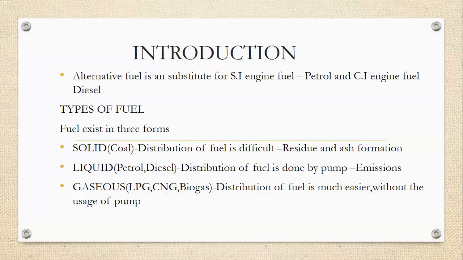In that liquid fuel, the distribution takes place from the engine fuel tank to the engine cylinder. The fuel is injected. In case of solid fuel, this distribution of fuel is difficult. And also another problem, residue and ash formation.